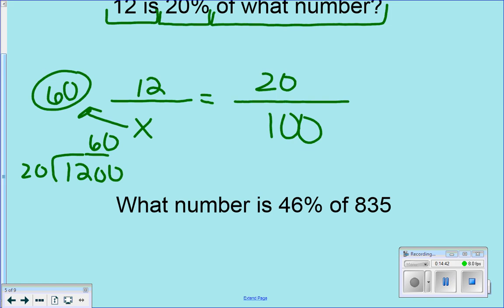Yep. What number is 46% of 835? One comes out good or not.